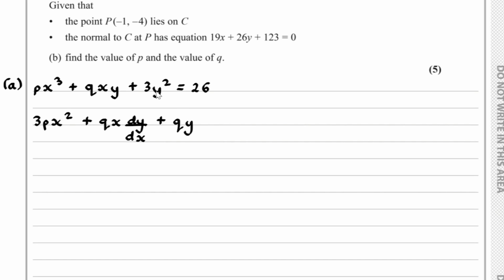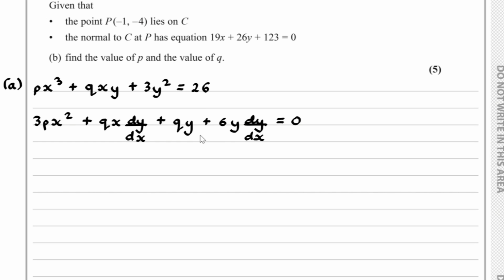And if I differentiate 3y squared implicitly, we end up with 6y multiplied by dy over dx. And this is all equal to 0. The derivative of 26 is 0.